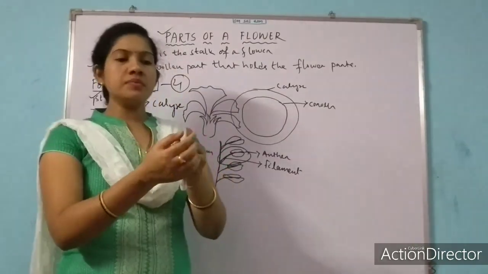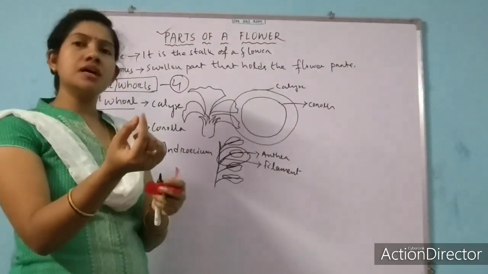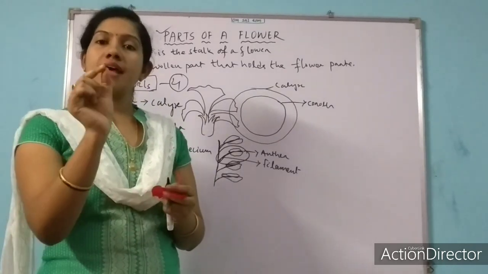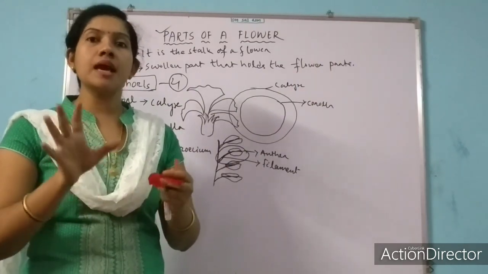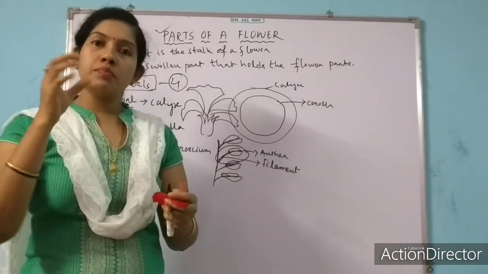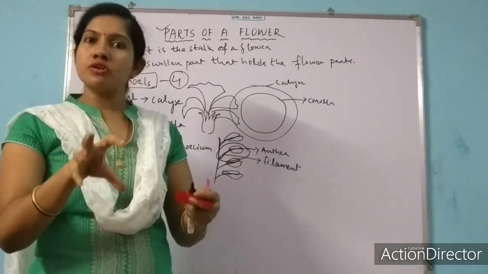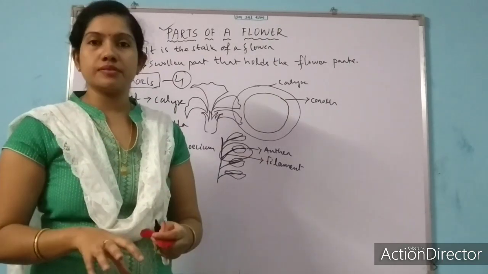If you rub the yellowish part over your hand, then you can feel some yellowish, dusty substance in your hand. Those are the pollen grains. So pollen grains are the male gamete, the main part of the flower, which helps in producing seed.